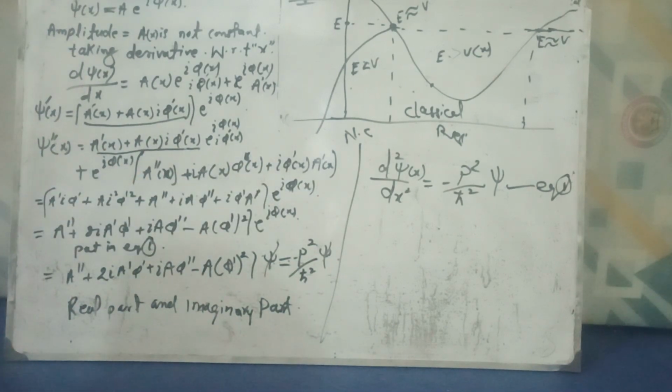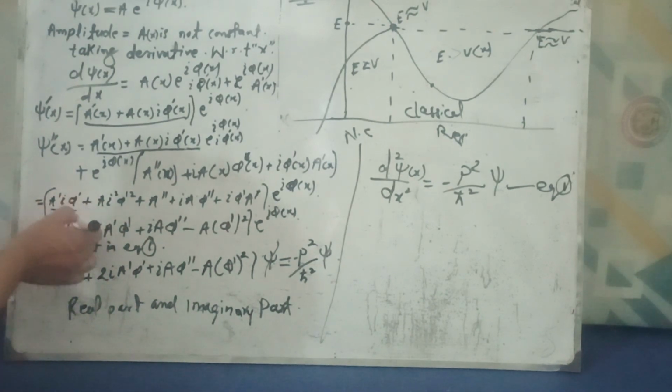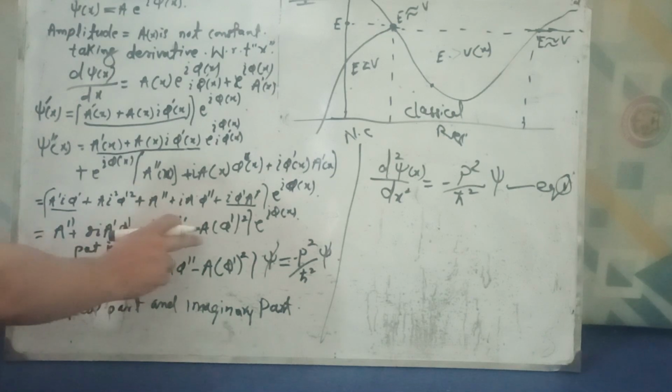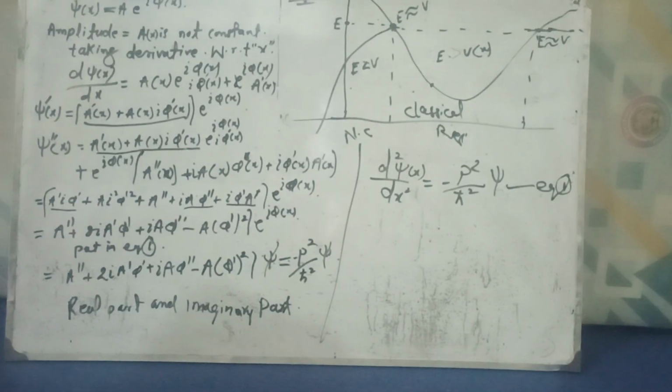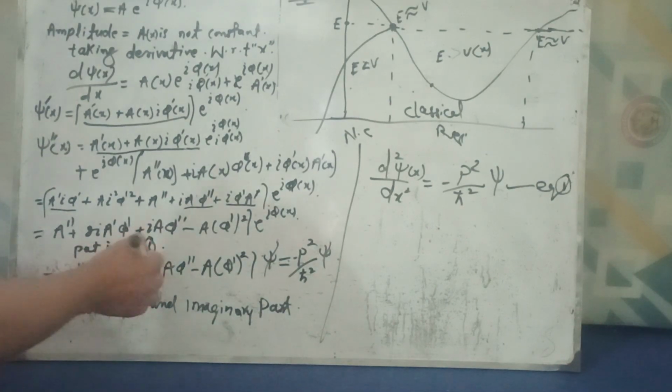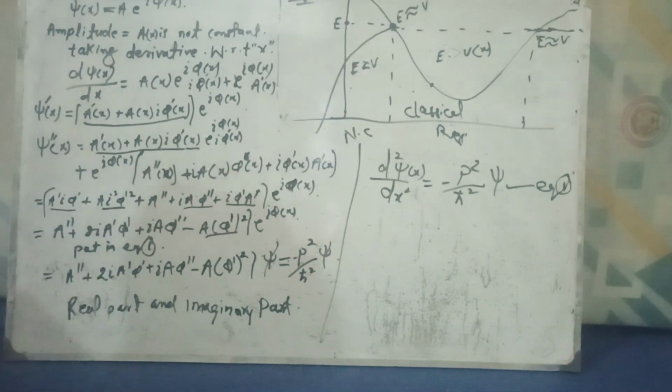This is common. So this will be A double prime plus A i phi prime and A i phi prime, this will be 2i A prime phi prime plus i A phi double prime minus A into phi prime whole squared. I convert this, instead of this, A into i squared phi prime squared.